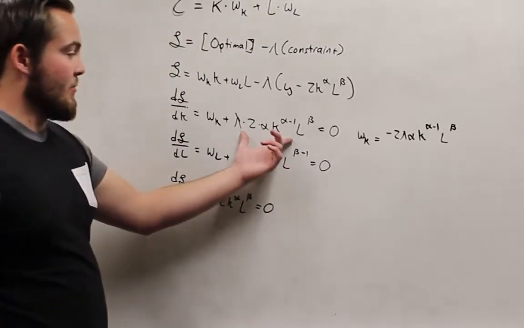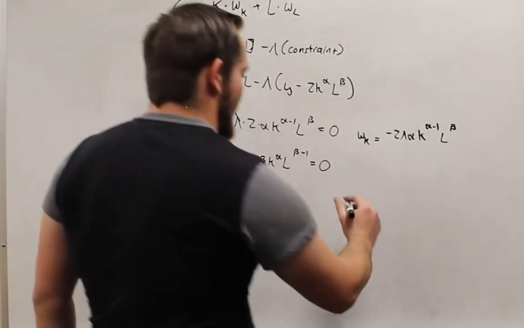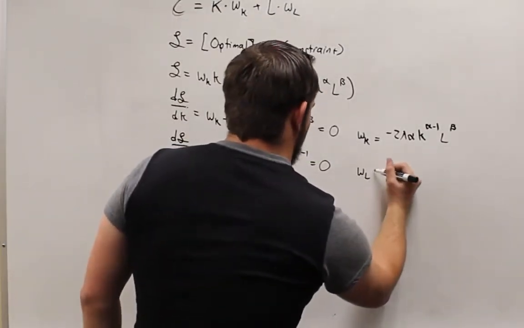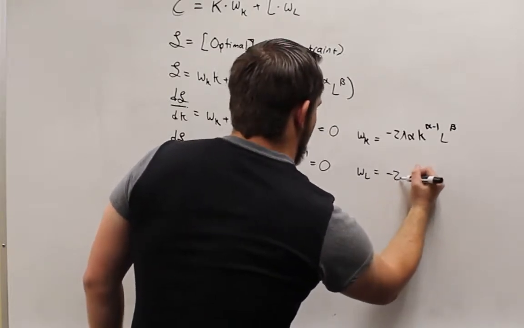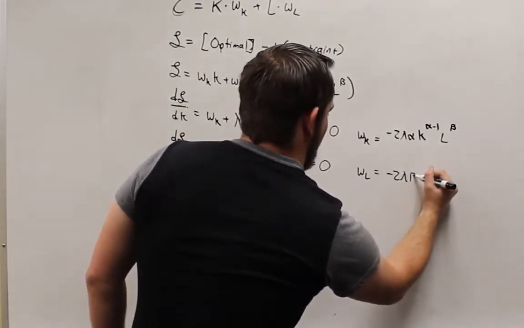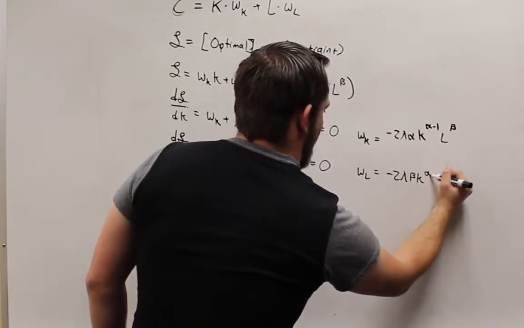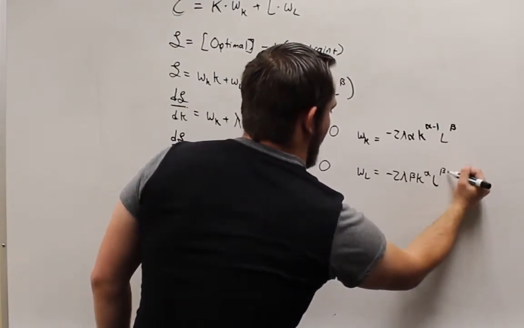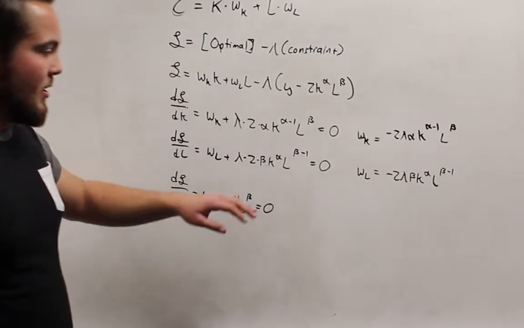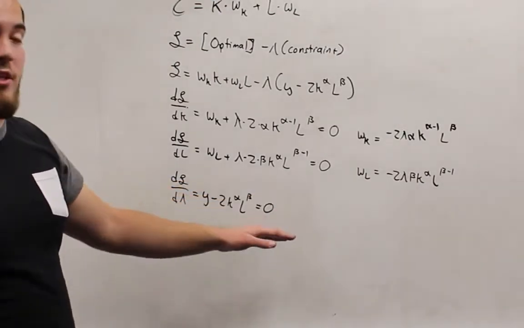See, I just went ahead and brought over this term to the other side of that equation. And then I have my WL equals negative 2 lambda beta K to the alpha L to the beta minus 1. Okay, it looks a little bit intimidating, but it's actually going to cancel out pretty nicely.